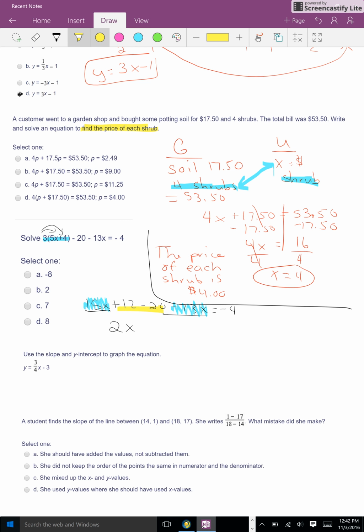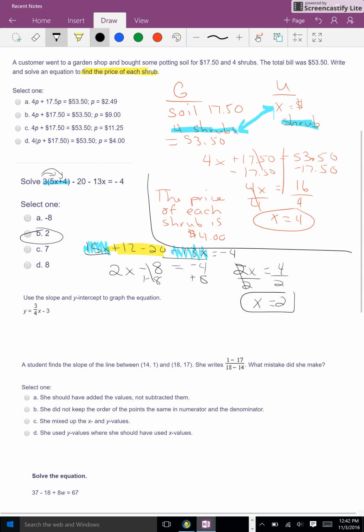It tells me here +12 minus 20 will get me that -8. Add 8 on both sides. We get 2x equals 4. Divide by 2. X equals 2.